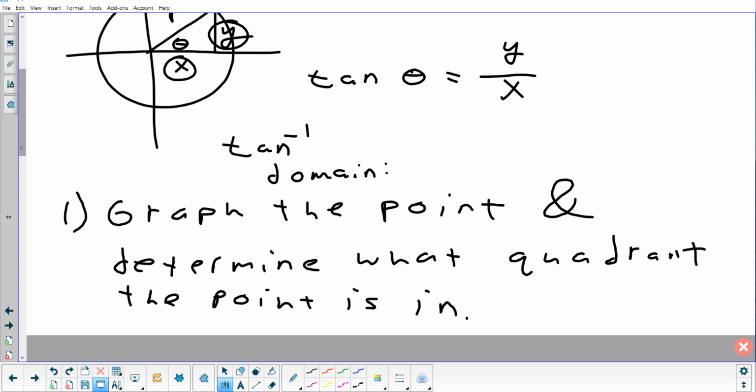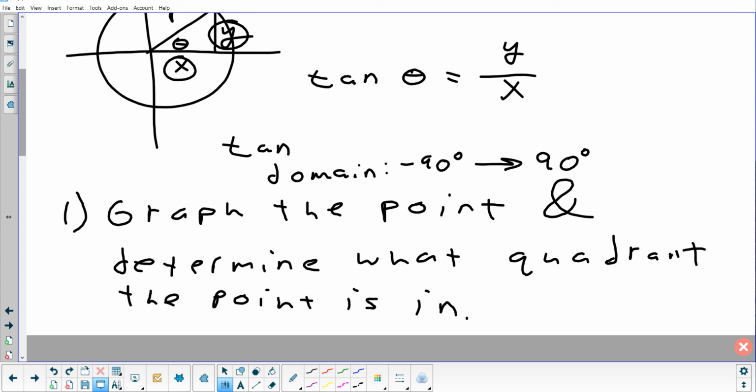It does go up and down forever, but that's the range I'm thinking of. Negative pi over 2 and pi over 2. Yeah, it always gave us an answer between negative pi over 2 and pi over 2. That's what we limited the domain of tangent to. So you're right, technically I should say that: the domain was limited to -90 to +90.